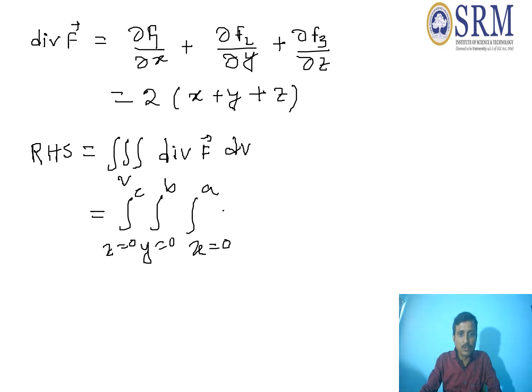And the divergence of F is 2 times (x plus y plus z), with dx, dy, dz.